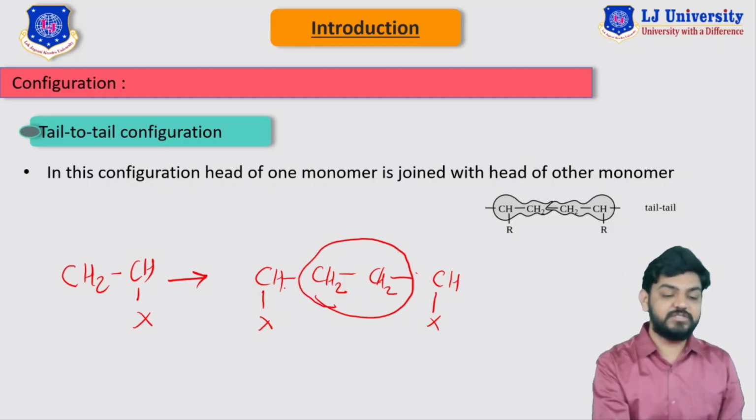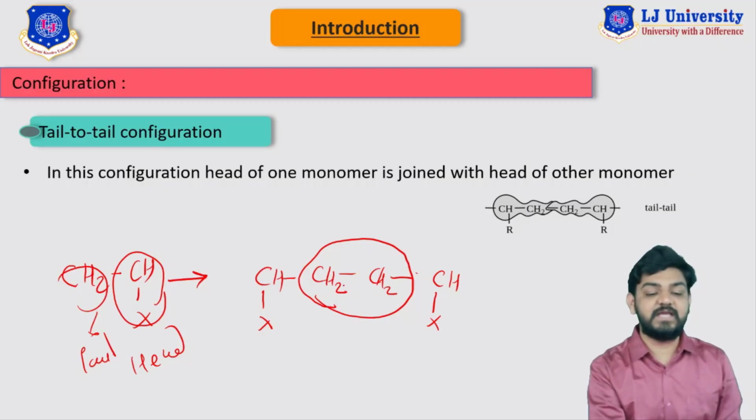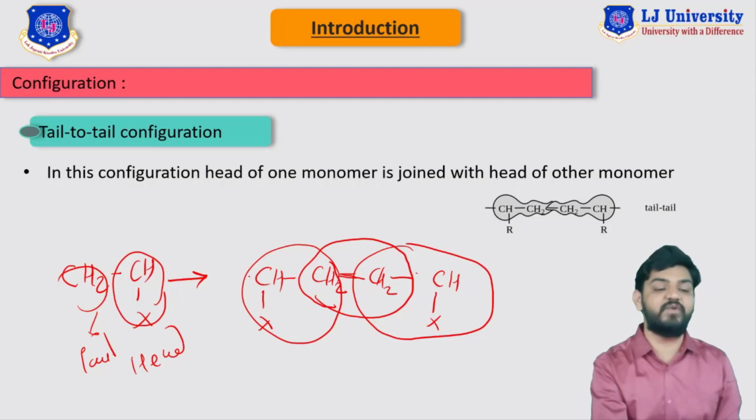Here you can see that this halogen group is representing the head and this CH2 group represents the tail. So we can say that the tail of one monomer is connected with the tail of another monomer, hence this configuration is referred to as the tail to tail configuration.